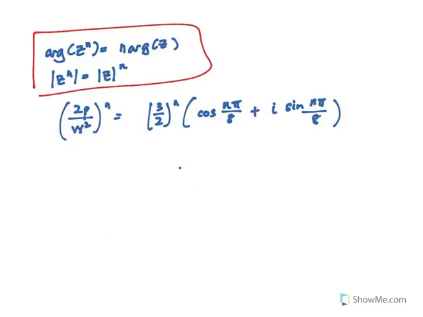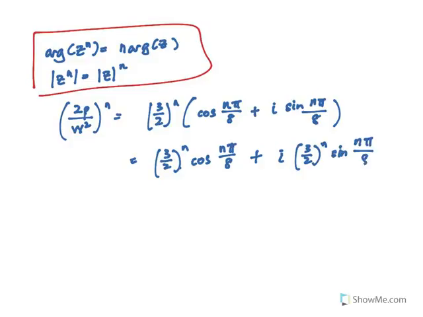Now I'm going to show you what the real part of this complex number is. It looks like (3/2)^n cosine n pi over 8 plus i (3/2)^n sine n pi over 8. If you are not clear, you can just look at this complex number and say, hey, this is the real part.